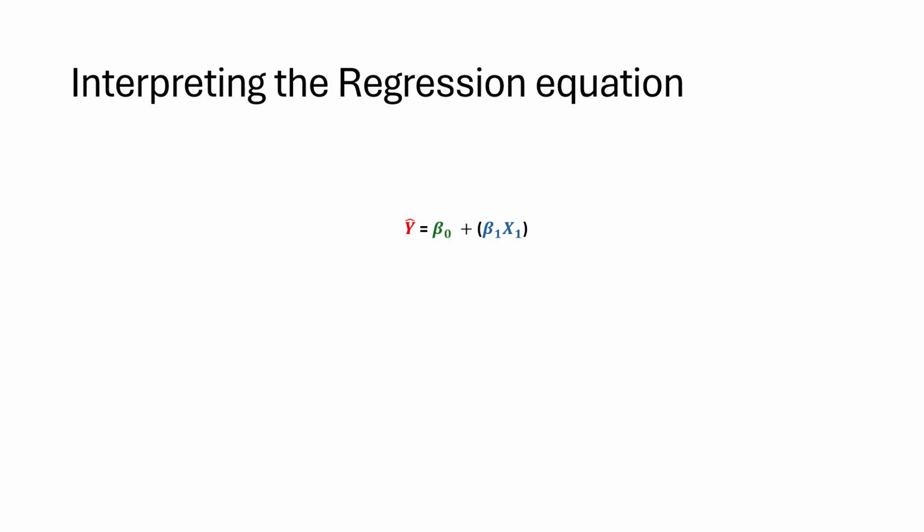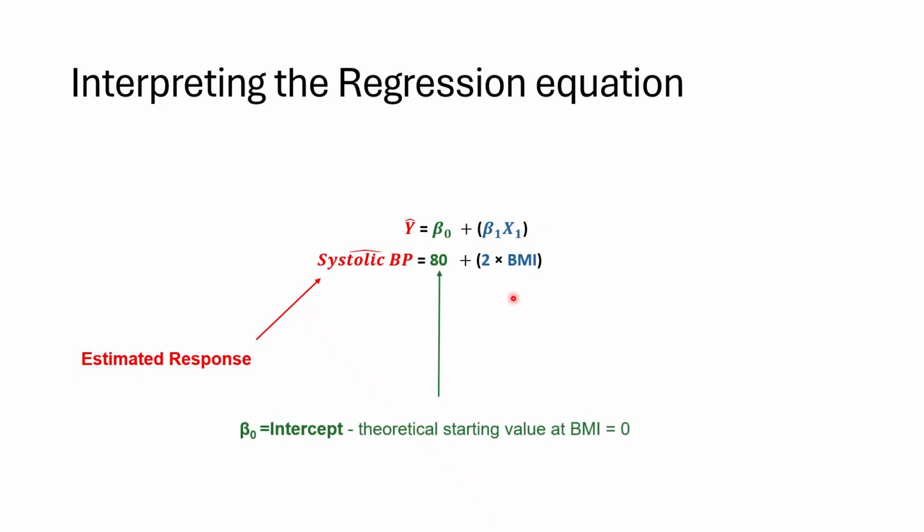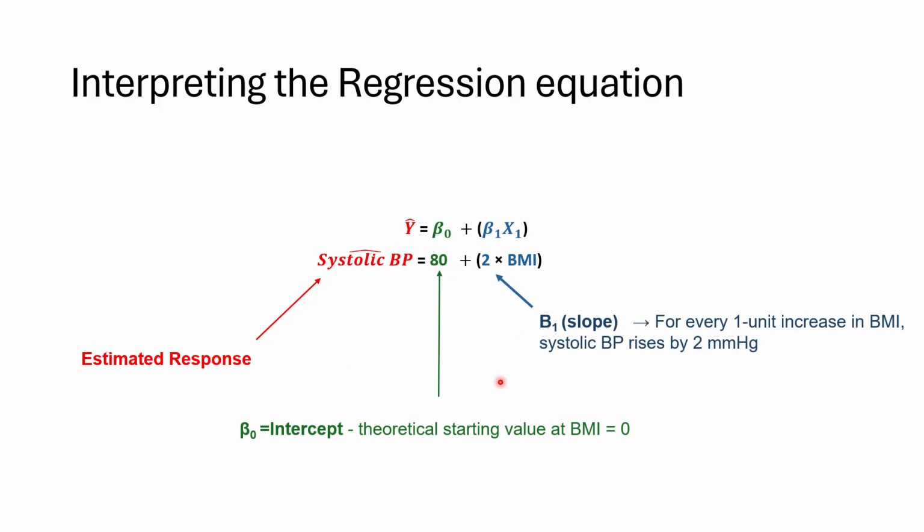Plugging these values in the regression equation, we get systolic blood pressure equals 80 plus 2 times BMI, where systolic blood pressure is the estimated response based on our predictor. 80 is the beta naught, the intercept, the theoretical starting value for systolic blood pressure when the BMI is theoretically 0, and 2 is the slope, which indicates that for every 1 unit increase in BMI, systolic blood pressure rises by 2 millimeters of mercury.